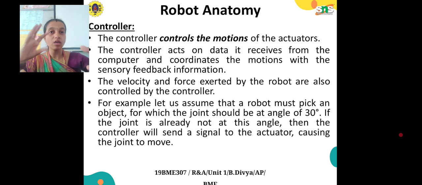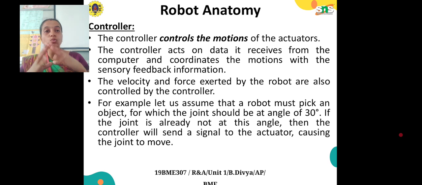The motion of the actuators is coordinated by the controller, which is placed in the computer. The complete motion information is fed back to the controller, so this is a feedback motion, and we can analyze the complete motion of the robot application.